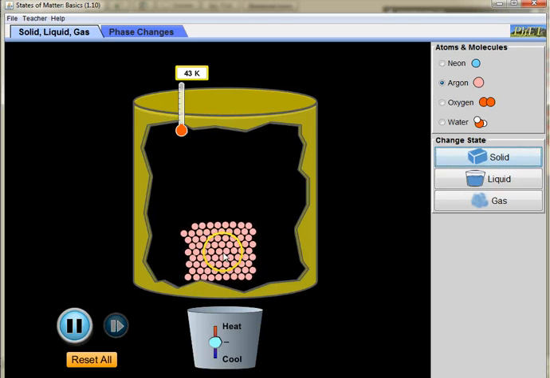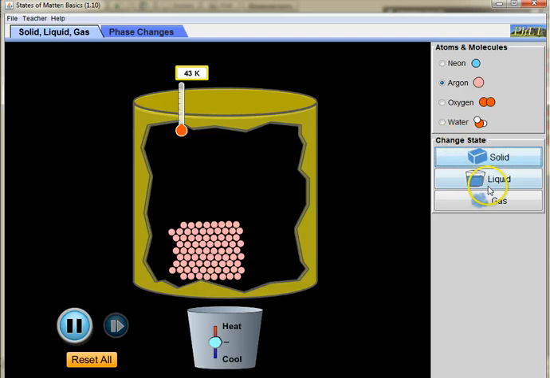Okay, so what does that tell us? That the particles, even in solid phase, can move. Yes. Note the temperature. It's 43 Kelvin. Argon is a gas under ordinary temperature and ordinary pressure, obviously, so if you want it to be a solid, you're gonna have to decrease the temperature a lot. So that's why the temperature is much lower.